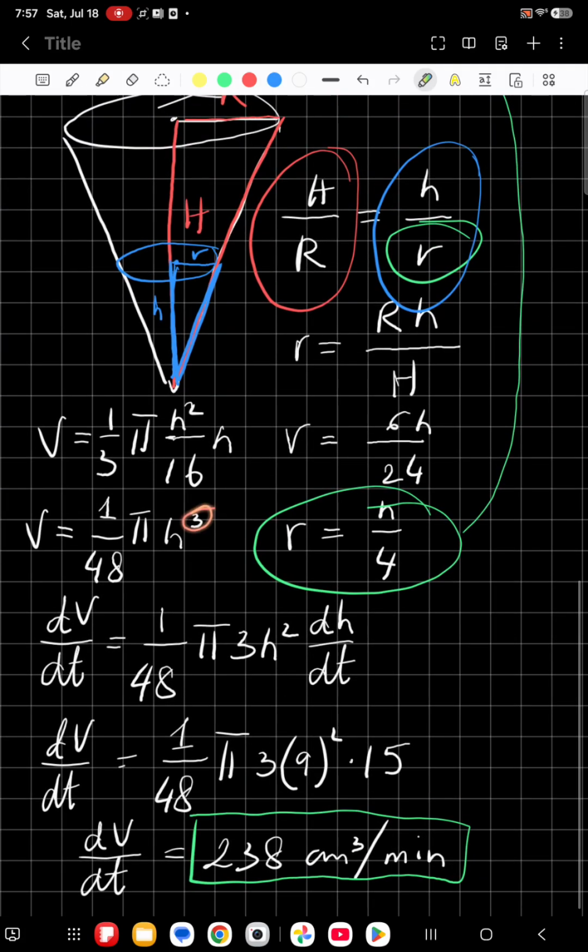This is my outside function, this is the inside. So derivative of the outside is this, and then times the inside. Then we just did arithmetic, plugged in everything we know, and this is the answer. So that increase of volume at that particular frozen moment is 238 cubic centimeters per minute. Okay, so that is it for 3.9 related rates.